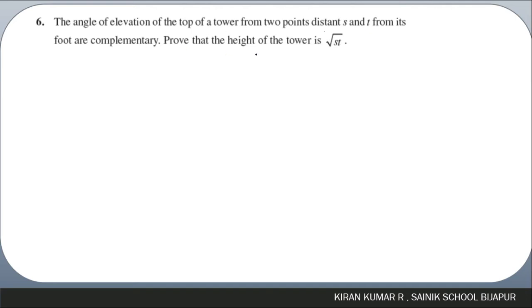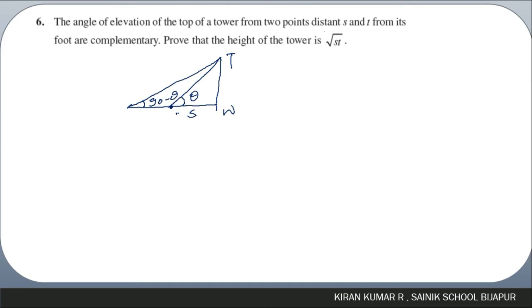Prove that the height of the tower is root of S into T. As per the question, if you have a tower, say TW, if TW represents a tower, there are 2 points which are at distance S and T. Suppose the point here is making an angle theta, this will make the complementary angle 90 minus theta.